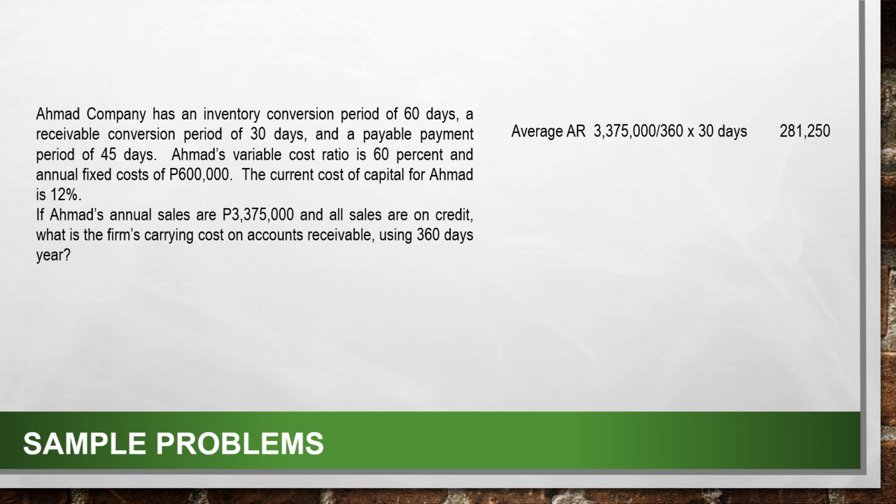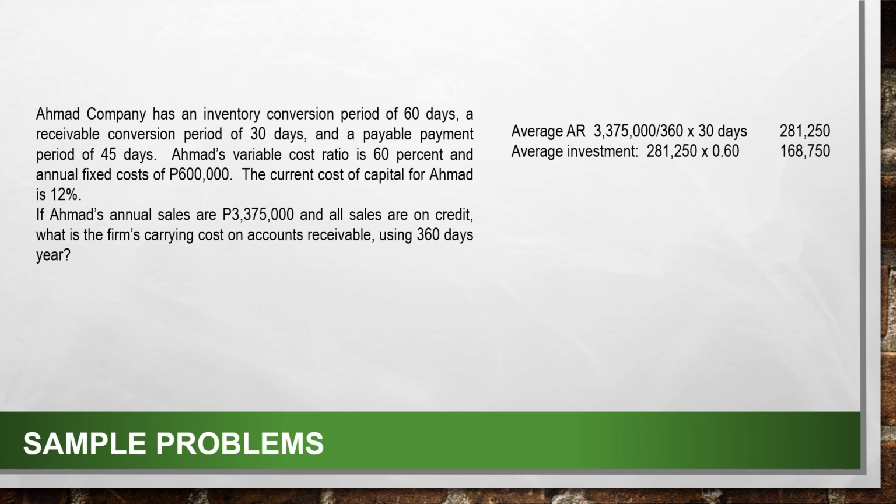So we get an average daily balance of 281,250. Why 30 days? We use 30 days because this is our accounts receivable conversion period, or days sales outstanding, or collection period. So we have here the capital invested, 281,250.